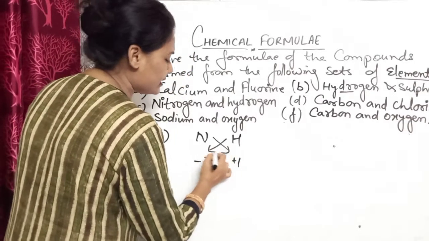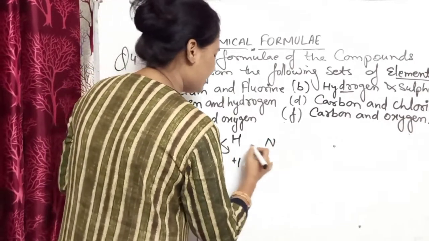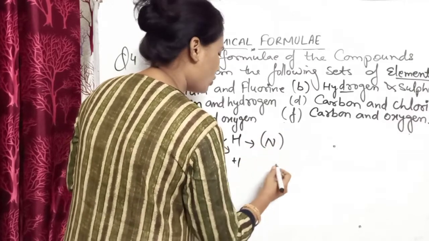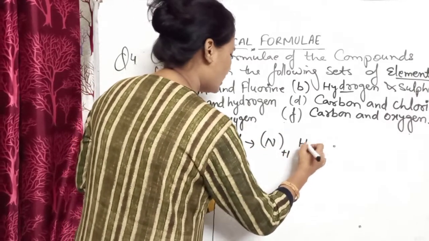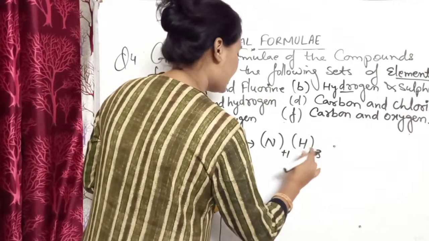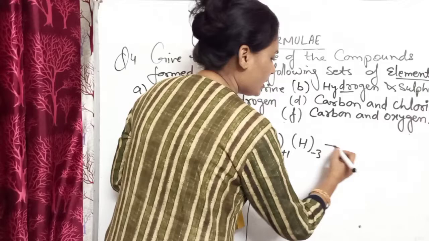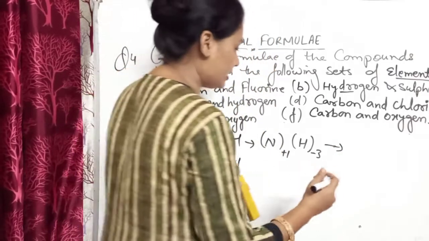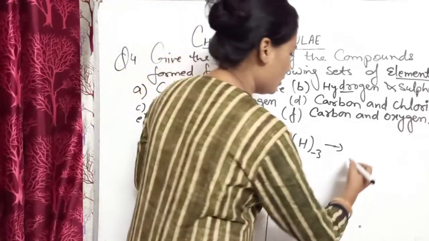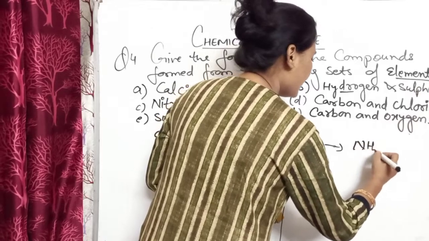Cross over the valency and write the valency as subscript. Along with the N, 1, along with hydrogen it's 3. Omit the plus and minus, ignore them. And if there is a 1, then ignore that 1 also and write the formula NH3.